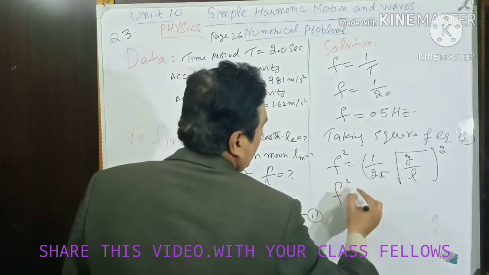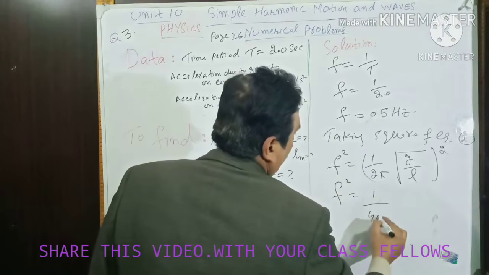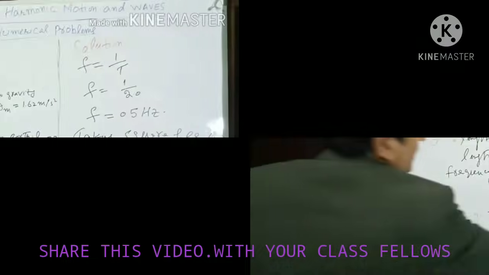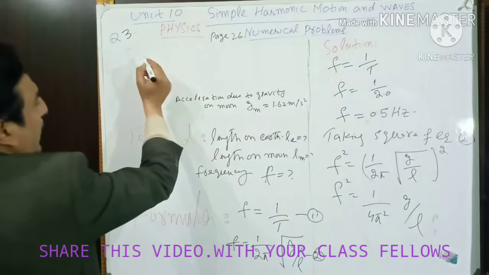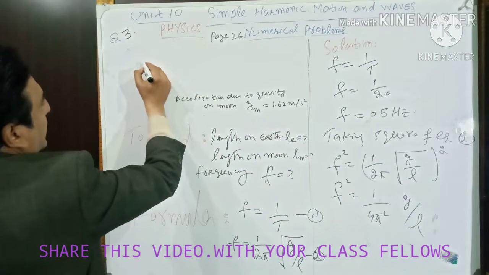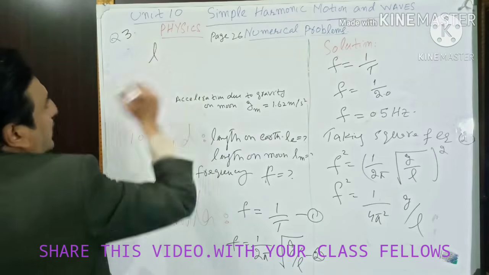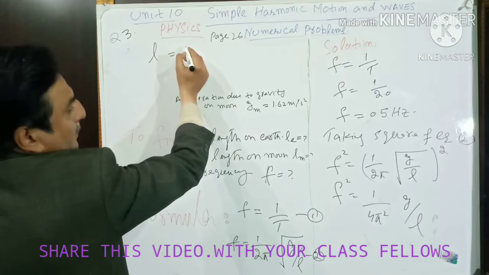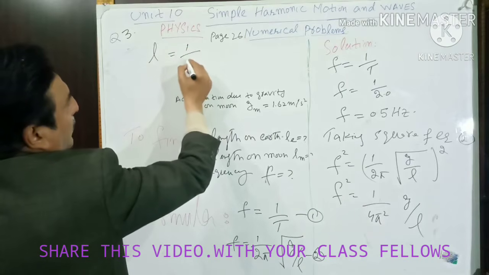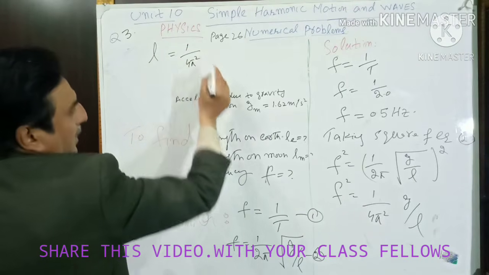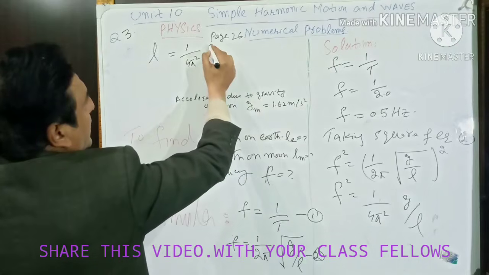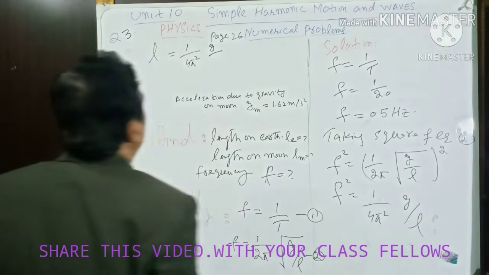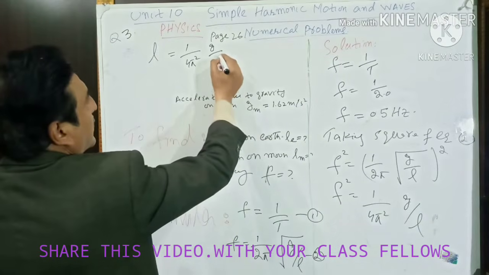F square is equal to 1 by 4 pi square G by L. We shift L on left hand side because we want to find the length. L is equal to 1 by 4 pi square G, and this f square will go down.